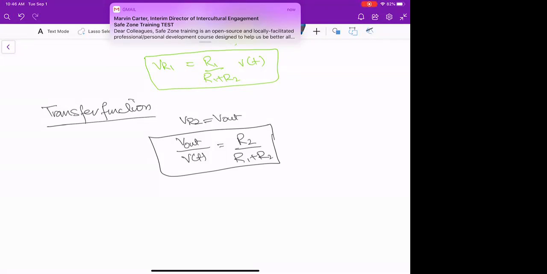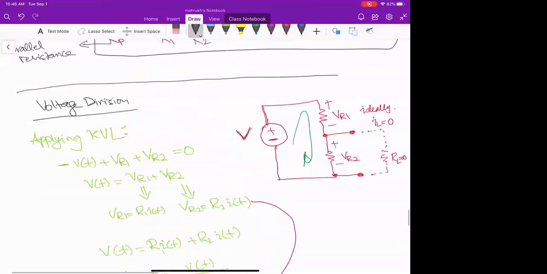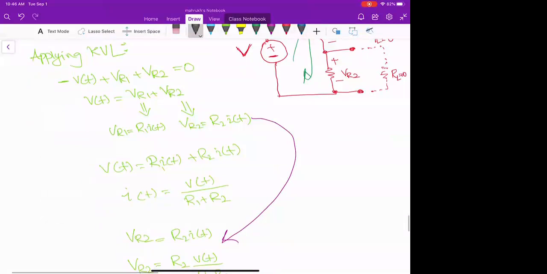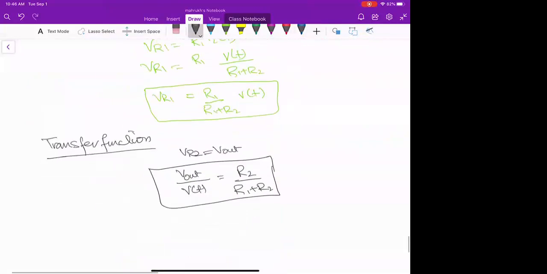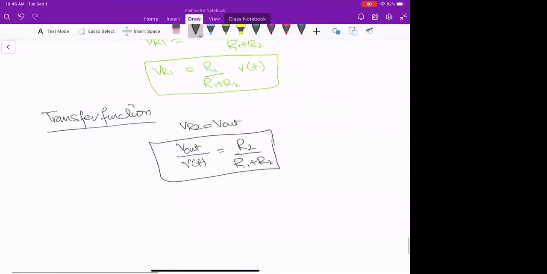So another thing is that you saw that the voltage divider is actually used to divide the voltage or control the output voltage, right? But what are the advantages of the voltage divider? Let's see.